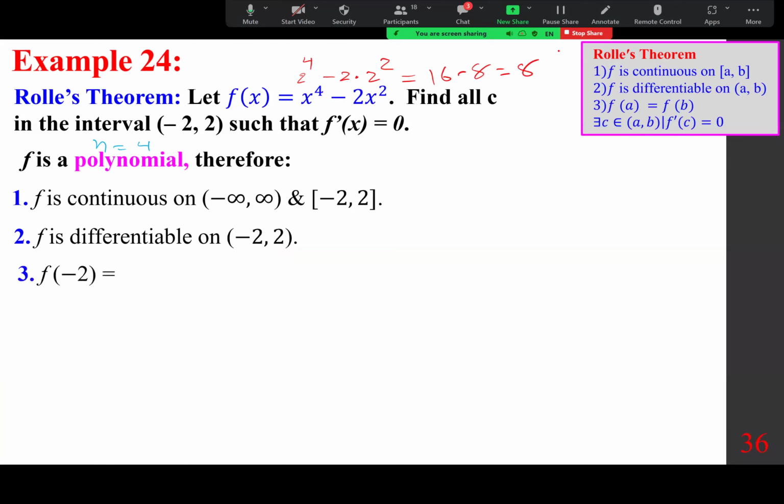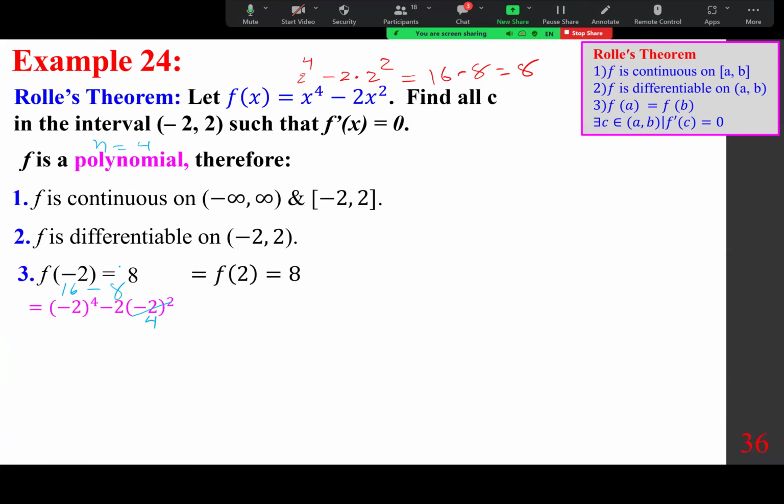For f of negative 2, we do the same thing. We plug in negative 2. Negative 2 to the power of 4 is also positive 16. This is positive 4 times negative 2, which is minus 8. And it becomes 8, which is equal to f of 2 equals 8.